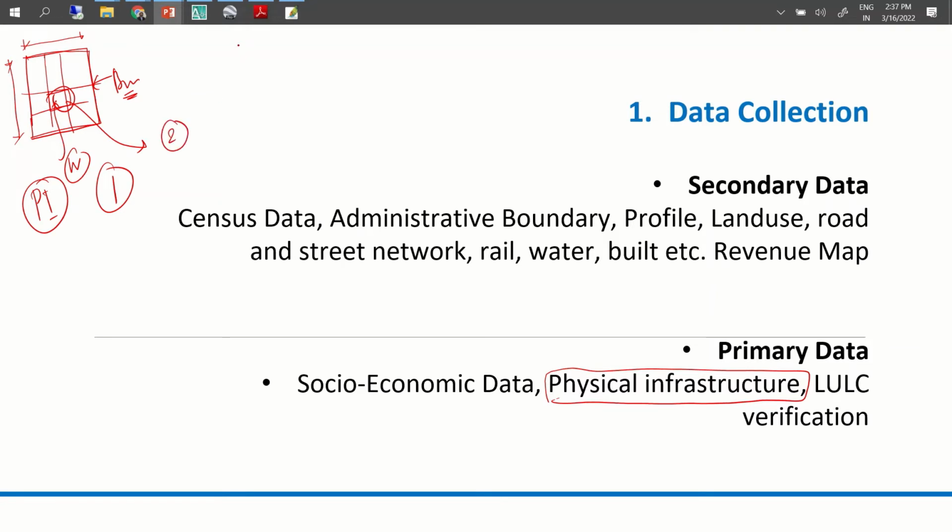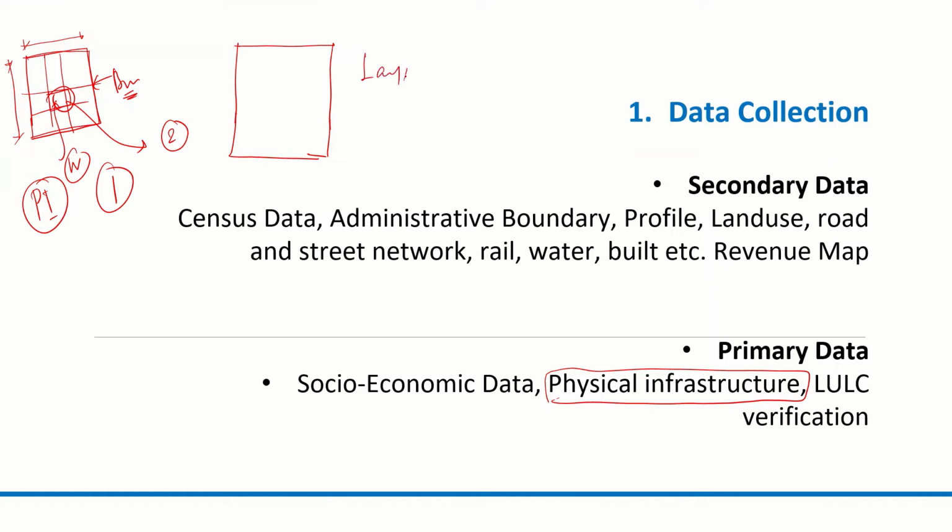Second thing is, let's say we have to create layers. Okay, at the end of all your primary survey and primary visit to the site, and also based on the secondary information, we'll be creating different layers, right? Which includes, of course, let's say road network.